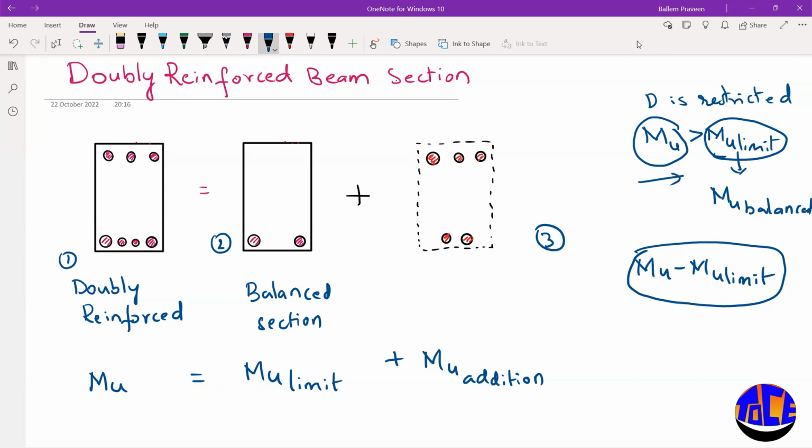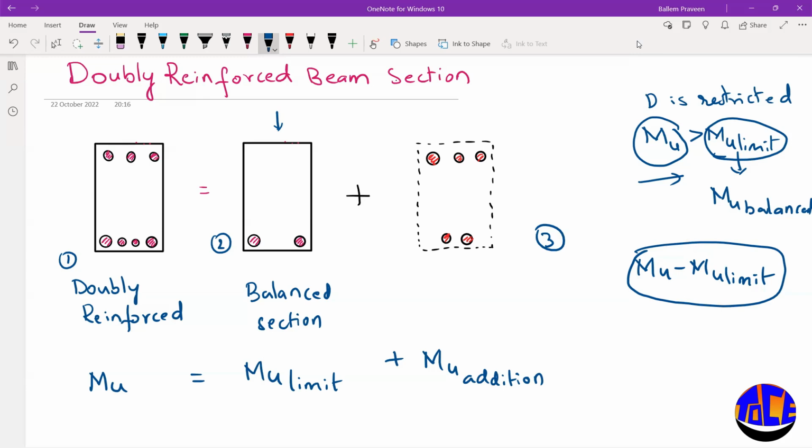So concrete anta dash line tho draw chesam. That means we have taken concrete completely in the second diagram itself. అంటే బ్యాలెన్స్డ్ సెక్షన్ లో Mu లిమిట్ కి కాంక్రీట్ కి ఉన్న స్ట్రెసెస్ అంతా నేను బ్యాలెన్స్ సెక్షన్ లో తీసేసుకున్నాను, and a little bit of steel for the balanced section.